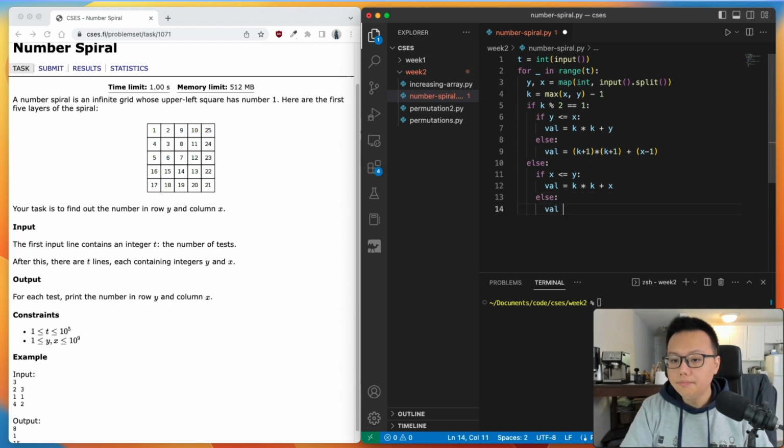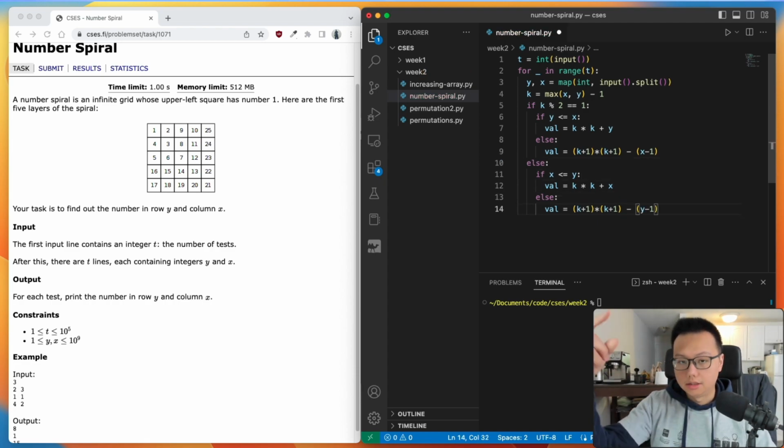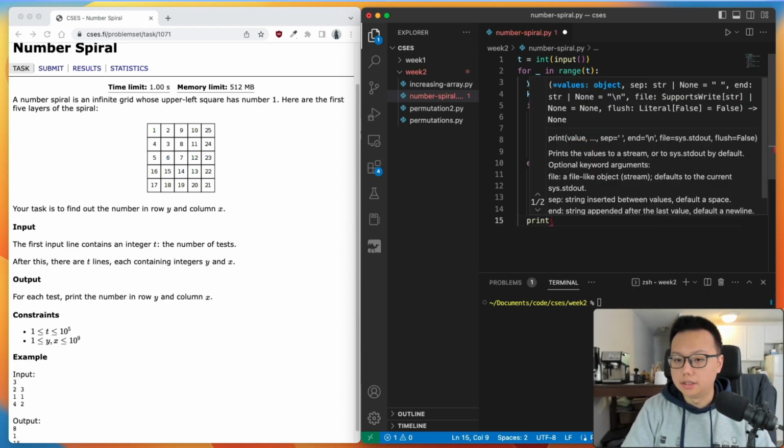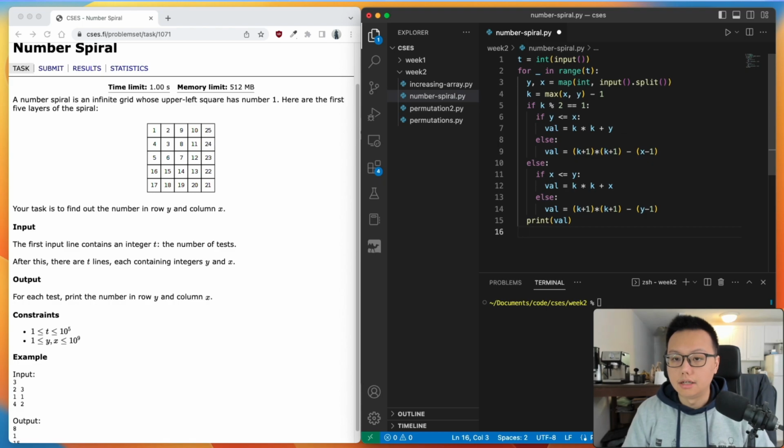Otherwise, it's again symmetric to the previous case, subtracted by how much you have left to the topmost row. Okay, and then at the end we print the value, and this finishes the test.